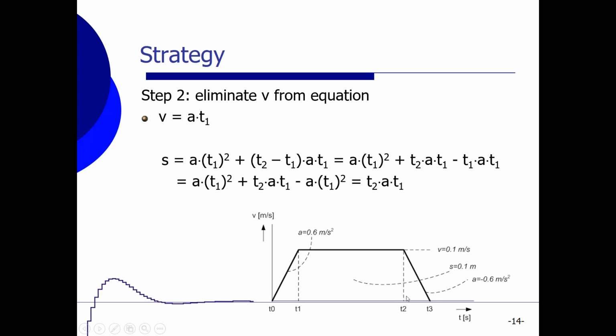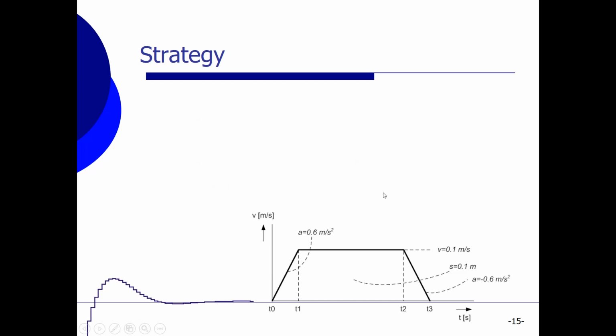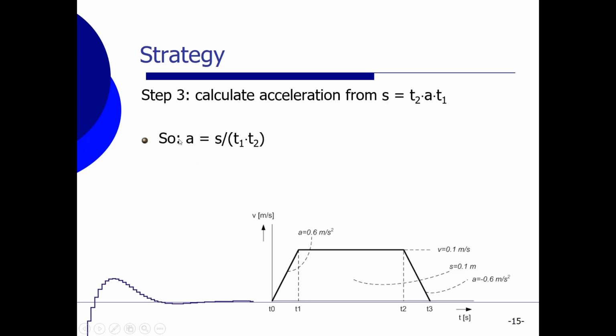So the total distance over here is equal to t2 times v, so t2 times a times t1, which is this expression. And now we can calculate the a from that expression, and that brings us with a is equal to s over t1 times t2.